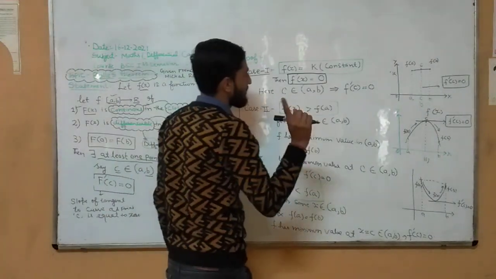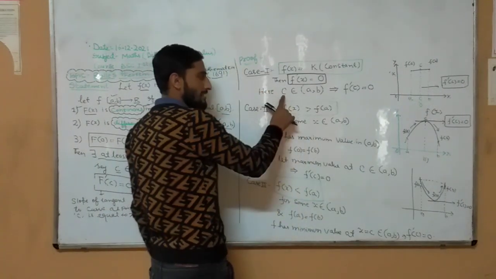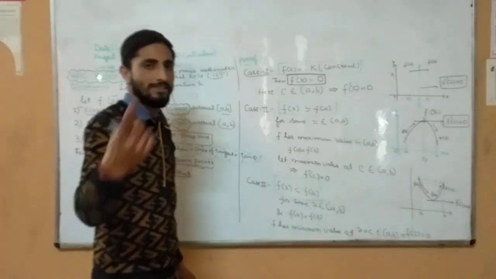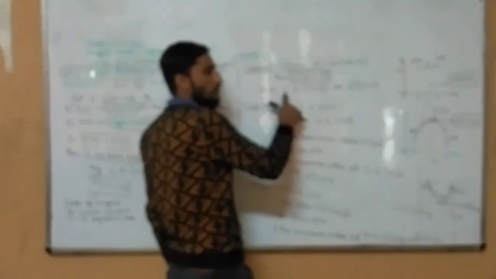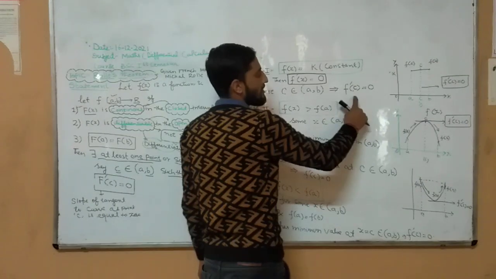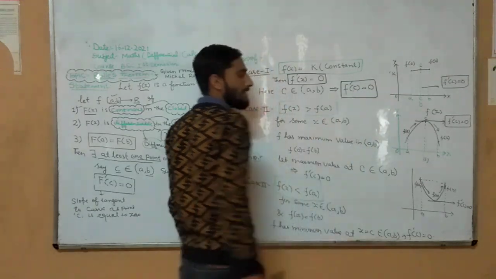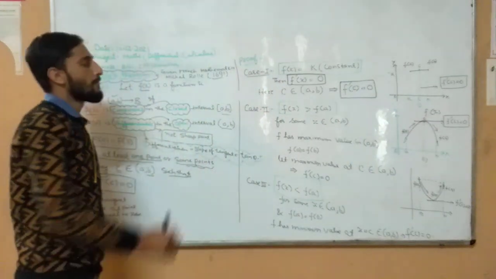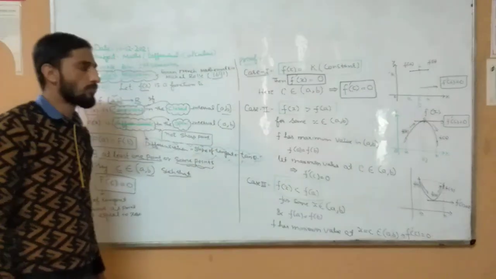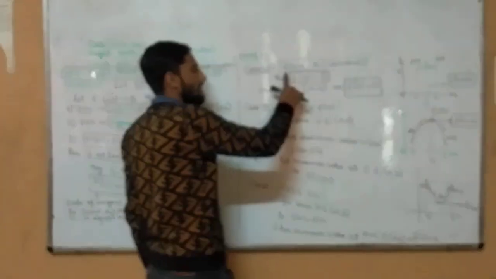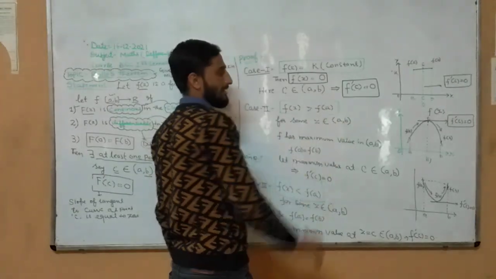Then there exists some c in the open interval (a, b) such that f'(c) is equal to 0. It means the derivative of the function at point c is equal to 0. This proof is valid when the function is constant.